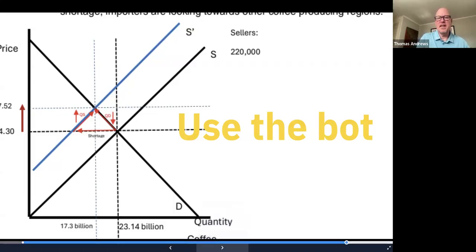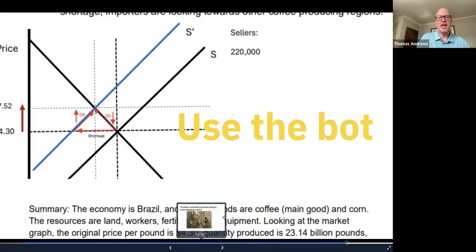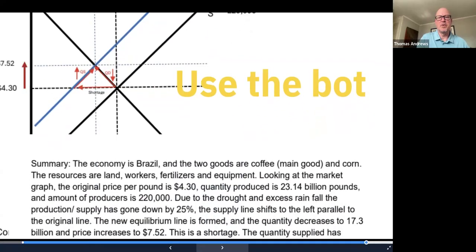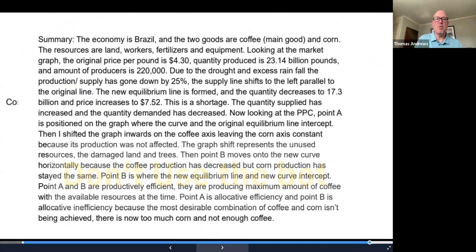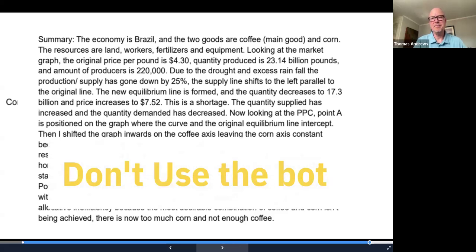And then the last thing is generating an explanation of whatever was going on in the model. And this is another spot where the bot will fail every time. Number one, because it can't read the graphs. Number two, if it can read the graphs, it doesn't know the order that things happened. And it doesn't necessarily use the language that I'm using in the classroom.